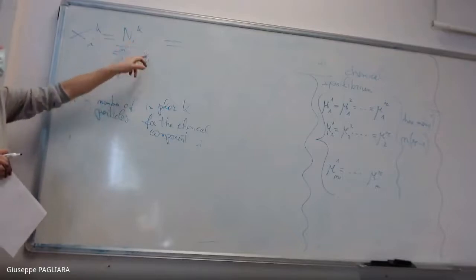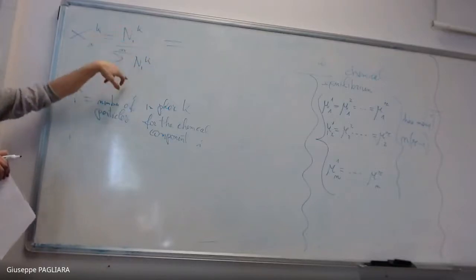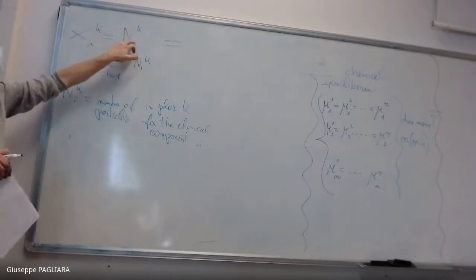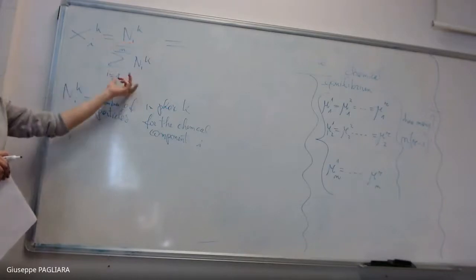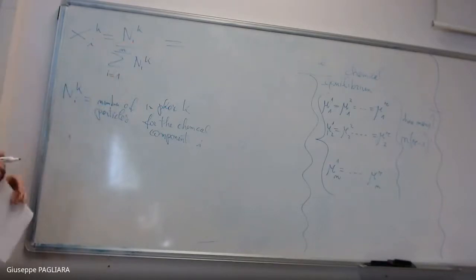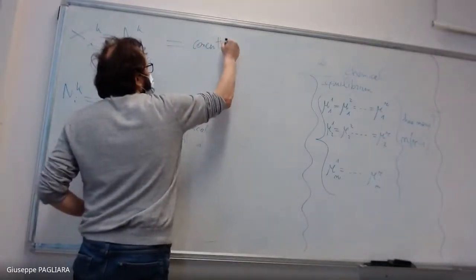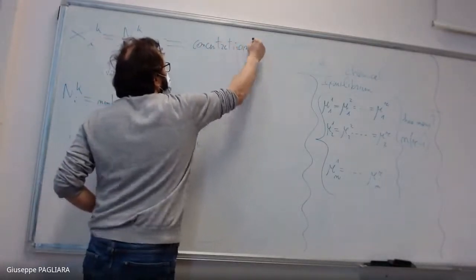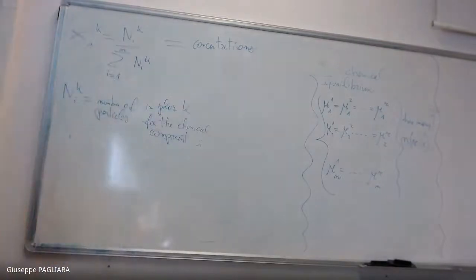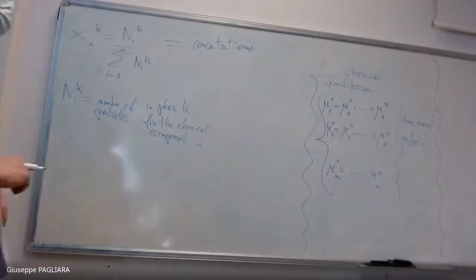So this is the ratio, in the same phase k, of the number of particles of type i with respect to the total number of particles. It could be the number of particles of salt with respect to the total number of particles in a solution of salt and water, for instance.